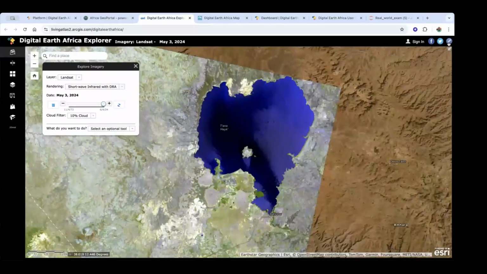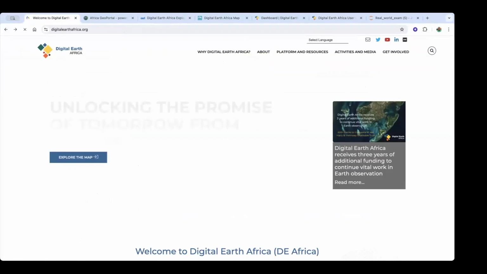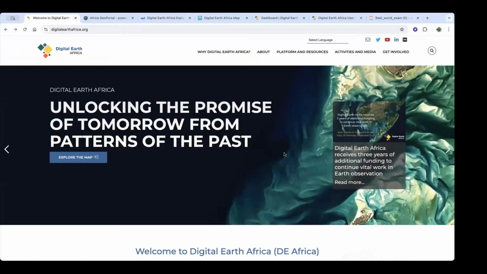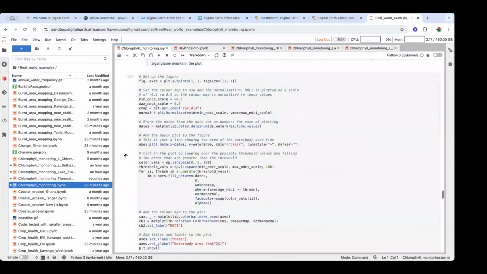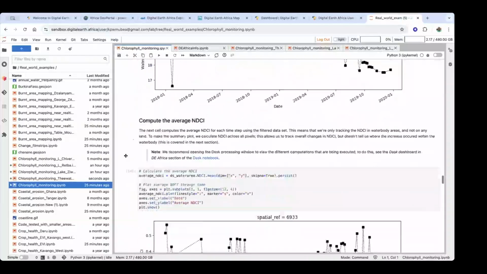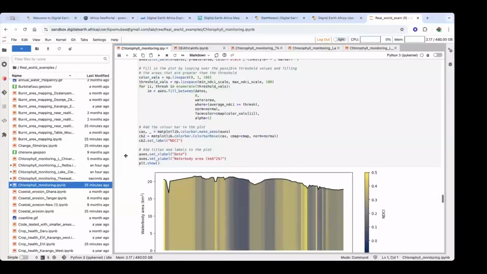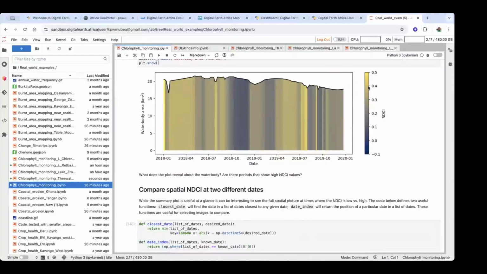And here you can also get a link which you can share similarly, like story maps. So all these are great opportunities with the platform, and also good in terms of the collaboration we have with the different partners to make sure we are all empowered. So this was the result for the Waterkloof. So this is the water extent, this is the water quality, and finally you get such a product which guides you on some of the dates captured, looking at the water body area and the quality.